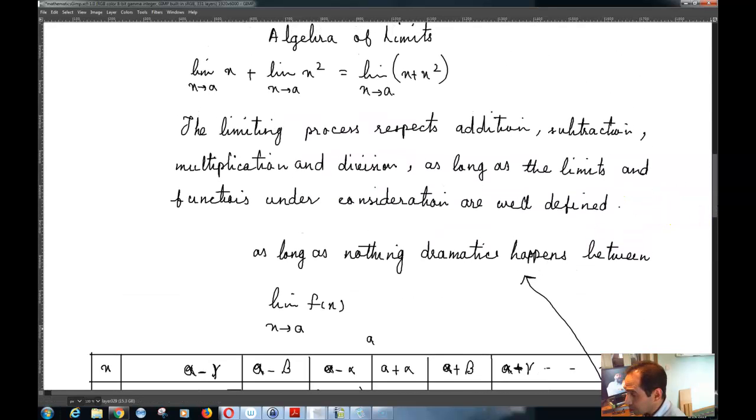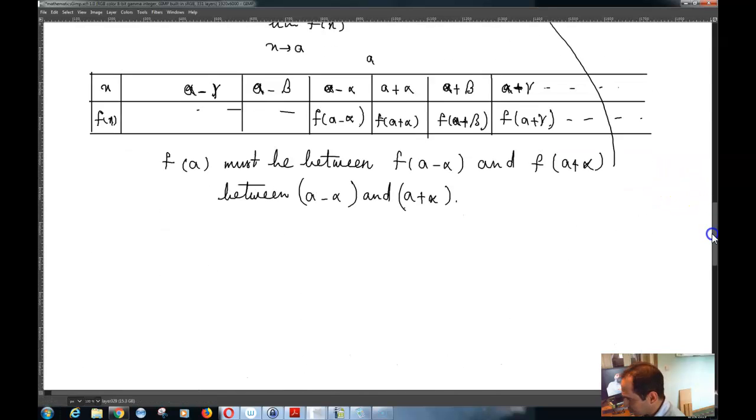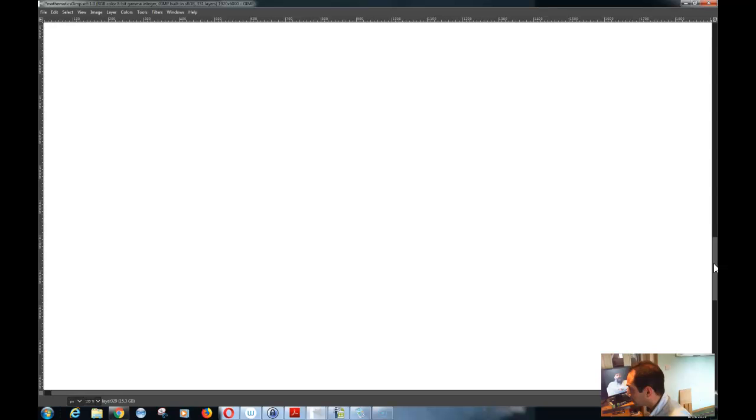And since we don't have that information, we cannot understand why the limiting process respects addition, subtraction, multiplication, and division. But later, hopefully, we will figure the whole thing out once we know about the actual definition of limits. But for now, to just keep things going, we will learn these four parts of this theorem number 1.